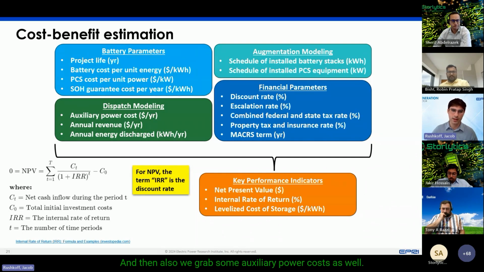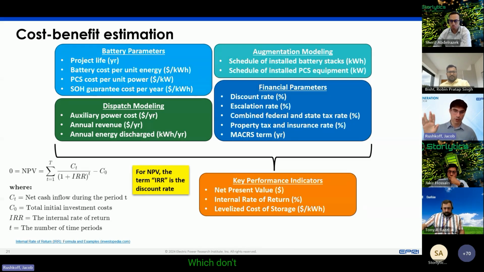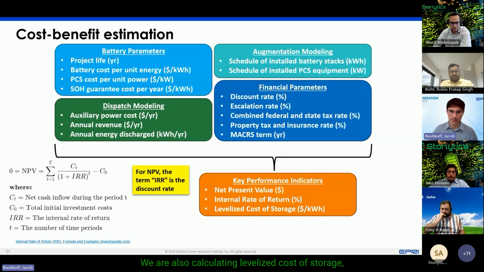All this comes in to calculate key performance indicators. In particular, we're focused on net present value and internal rate of return, which don't always agree. It's interesting to take a look at these different indicators that you could optimize a project for. We are also calculating levelized cost of storage, but we tend to prefer net present value in this case.